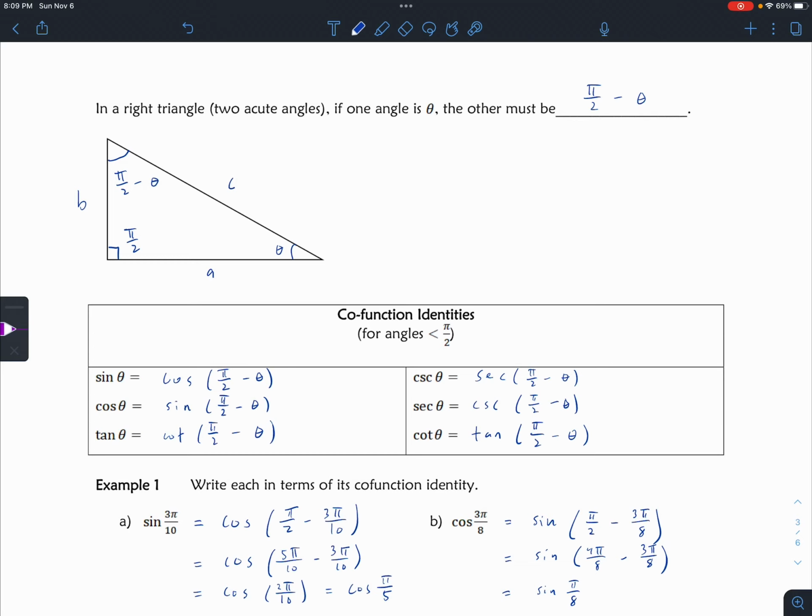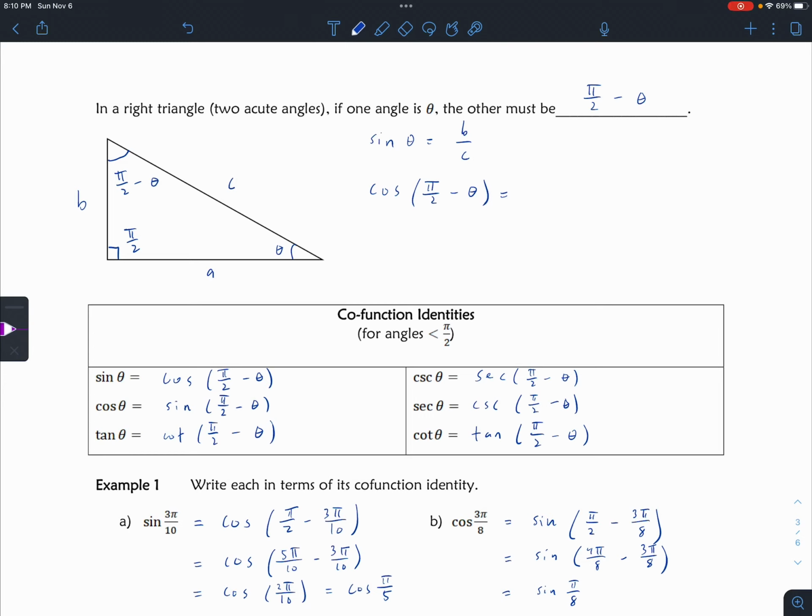Let's write a ratio for sine theta. Sine theta here would be opposite over hypotenuse, so it's going to be B over C. Now, if we write a ratio for cosine of pi over 2 minus theta, that's adjacent over hypotenuse.